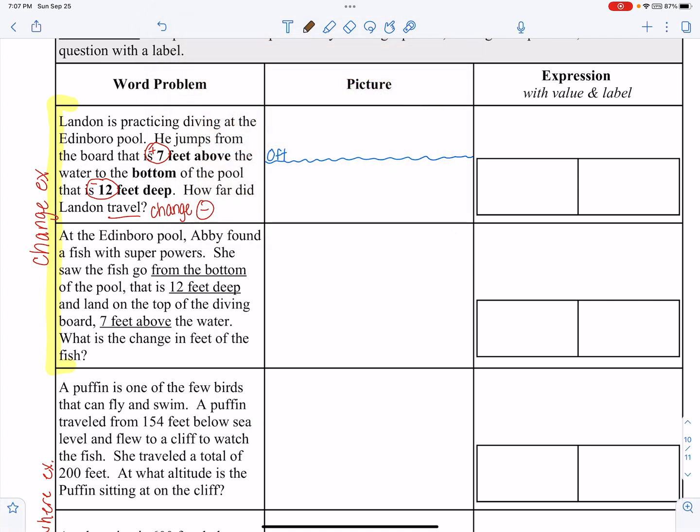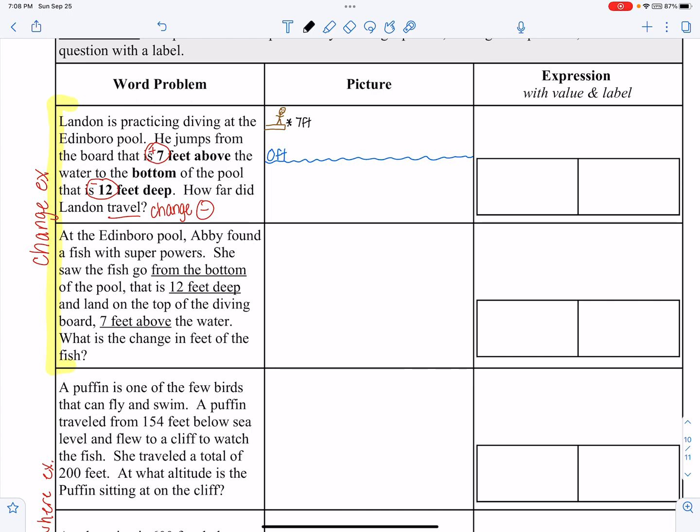I know that he jumps from a board that's 7 feet above, so I'm going to draw a little diving board, and we'll put Landon on it. There we go. Looking good, Landon. He's happy to be there today. And we're going to go ahead and label where he's at. So this is Landon's starting location, and he is positive 7 feet above the water surface level.